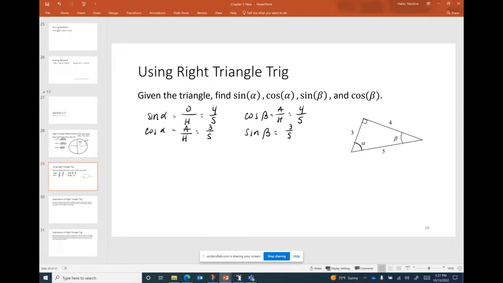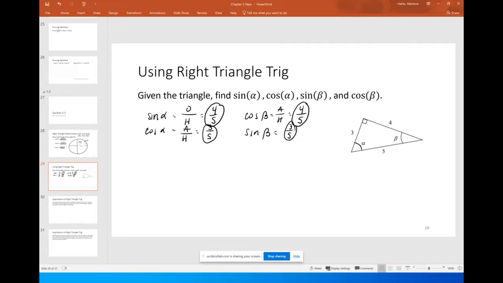A little bit of a pattern. The sine of alpha and the cosine of beta are the same. The sine of beta and the cosine of alpha are the same. And in fact, this is always going to be true for the two angles in a right triangle.